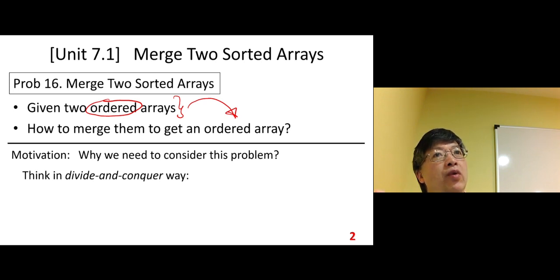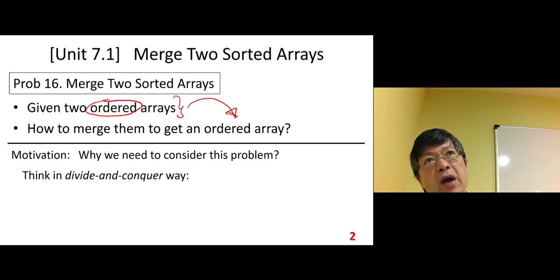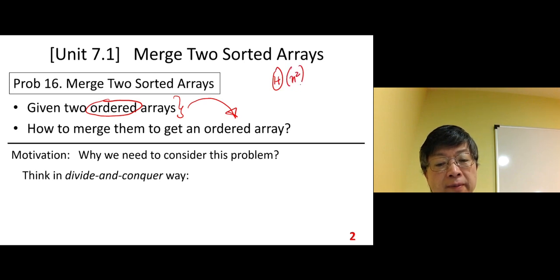But we want to do something better. With the older ways we solved it, we still feel something is not quite satisfying. Think about the overall performance of selection sort. That is big theta of n squared, right? What about bubble sort?